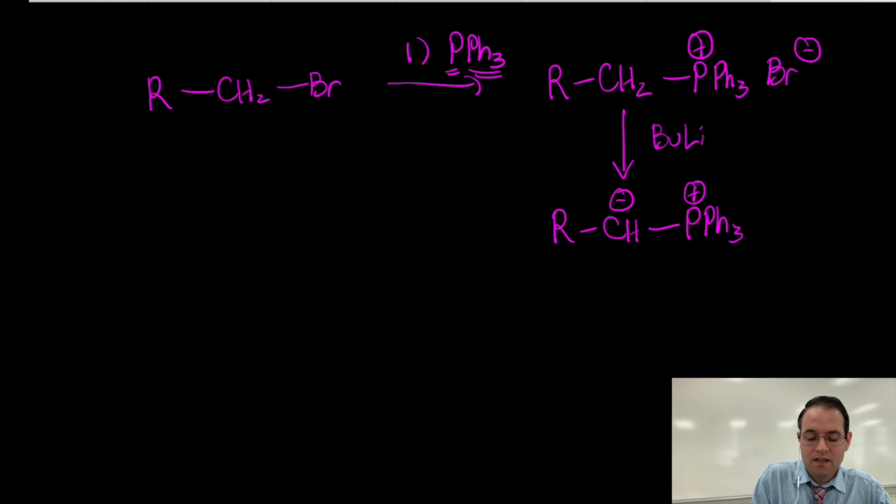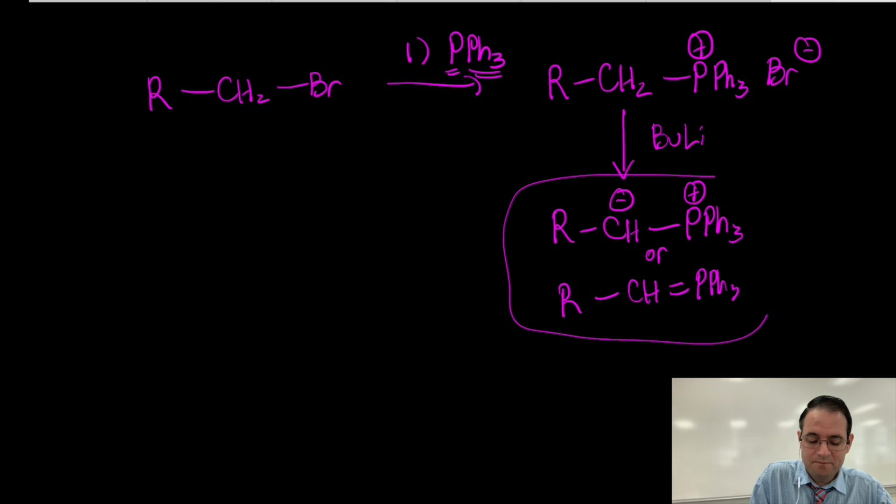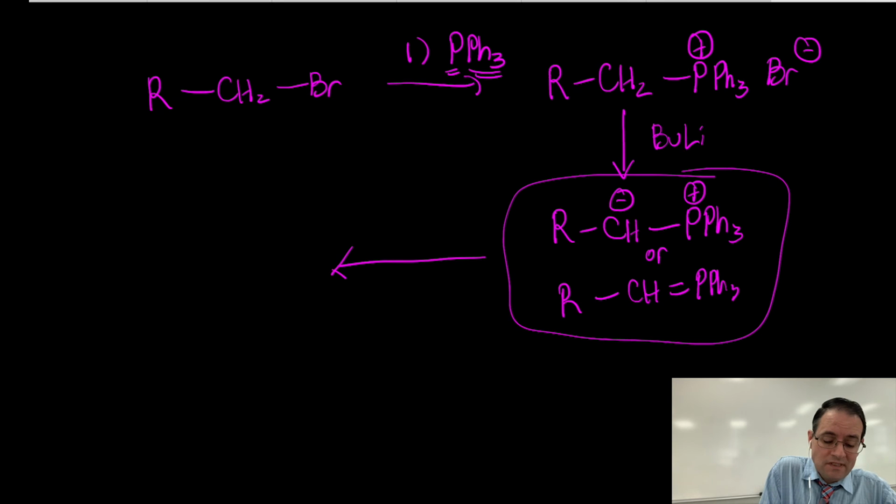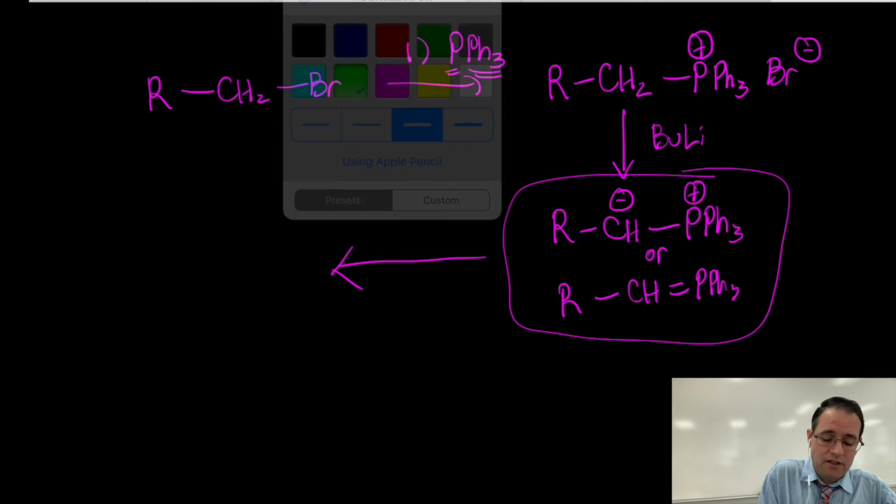Sometimes it's easier just to draw it as a double bond. So that way you could remember which bonds are kind of moving around in the metathesis. So either of those resonance structures you can draw. And then step 3, you add your ketone.